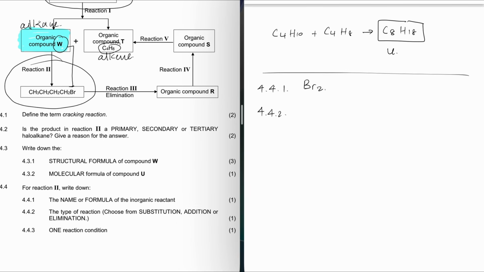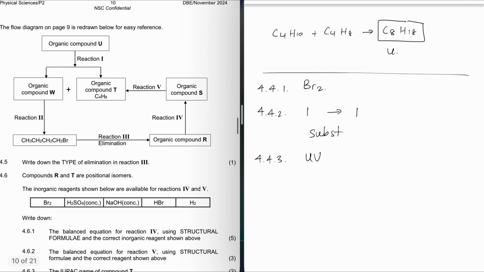If it's an alkane, I call it a 1 because it's got all single bonds. And if it's going to a haloalkane, that also only has single bonds, so that's also going to be a 1. So if it's going from a 1 to a 1, that must be a substitution reaction. Question 4.4.3, one reaction condition. For this to occur, we need UV light.